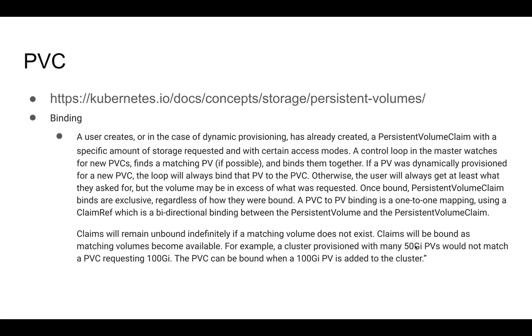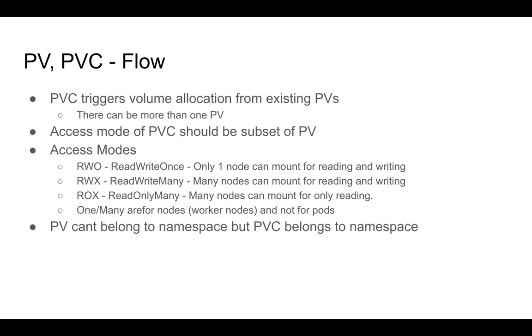But if the administrators create more persistence volumes and make 100 GB capacity available, then you will get it. The persistence volume claim triggers volume allocation from existing persistence volumes. More important, there can be more than one persistence volume, and we'll see a diagram of that also.